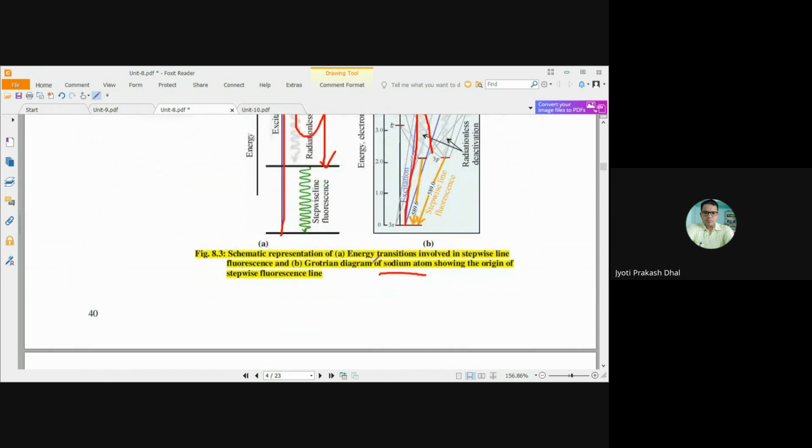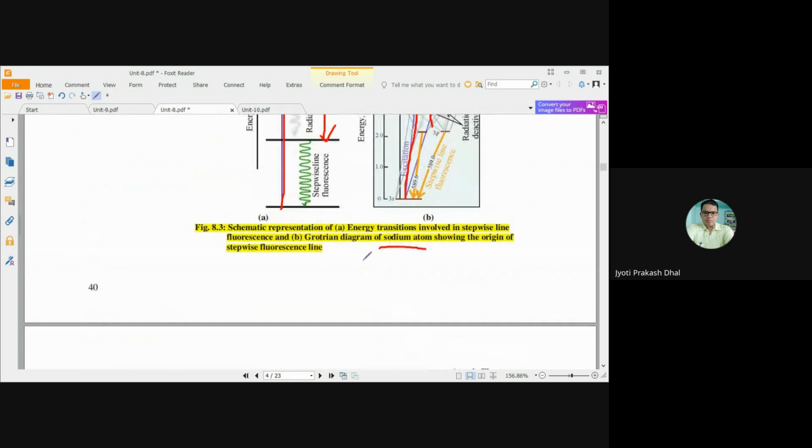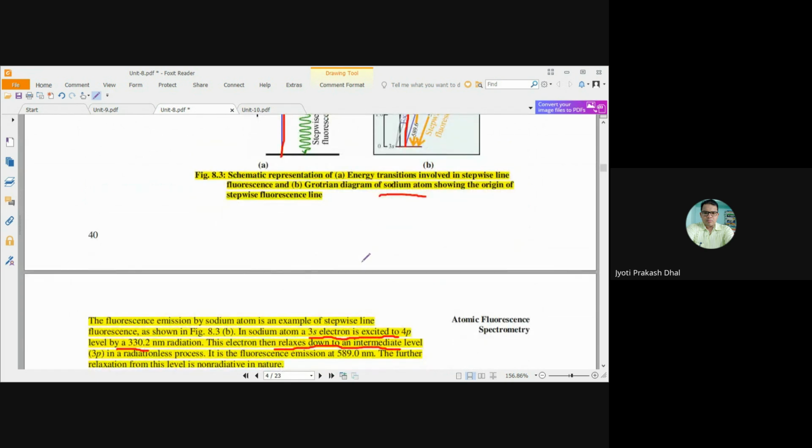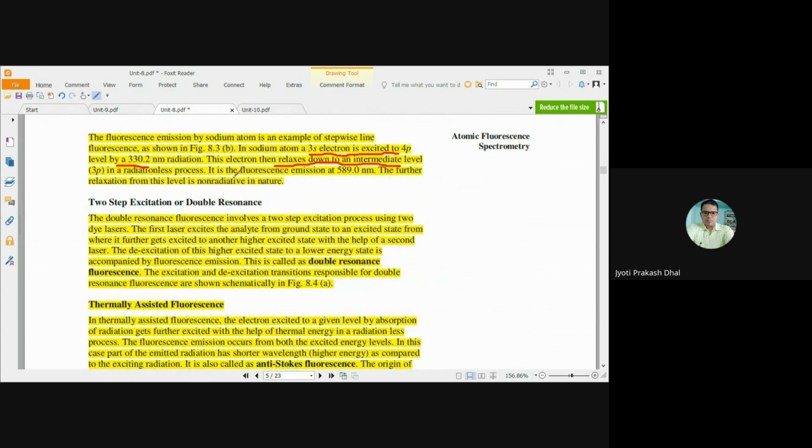Here 3p is the intermediate state, and from the 3p state it comes back to the ground state by emitting electromagnetic radiation with two different wavelengths, 589.6 nanometer and 589 nanometer. This is the fluorescence emission at 589 nanometer, and the further relaxation from this level is non-radiative in nature.